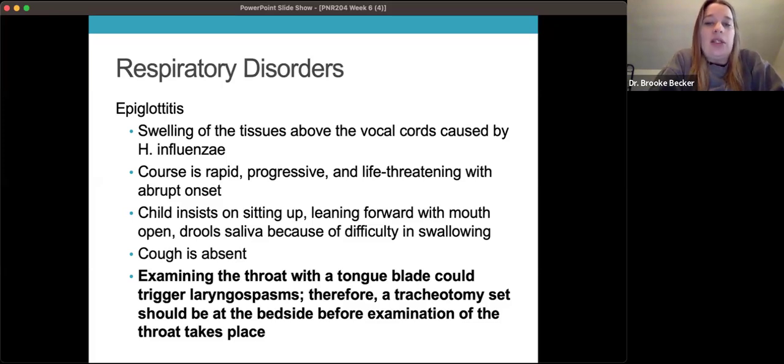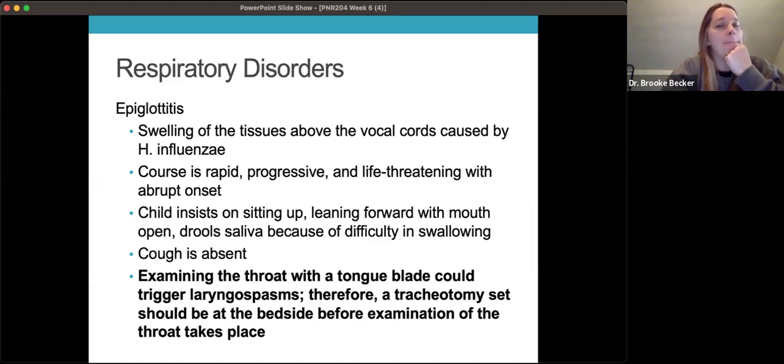Okay. You will see these kids kind of tripoding. So they're trying to lean forward. So they'll put their arms out in front of them and kind of lean forward to try and get as much air in as they can. They're excessively drooling because they can't swallow their drool as well because of that inflammation. Okay. The other thing you might notice is that they're not coughing.